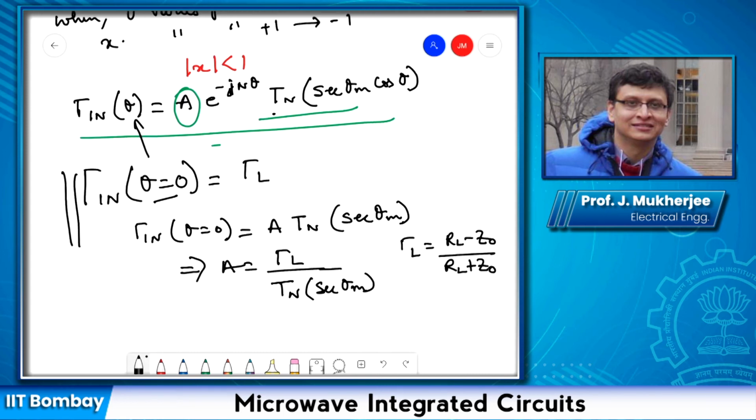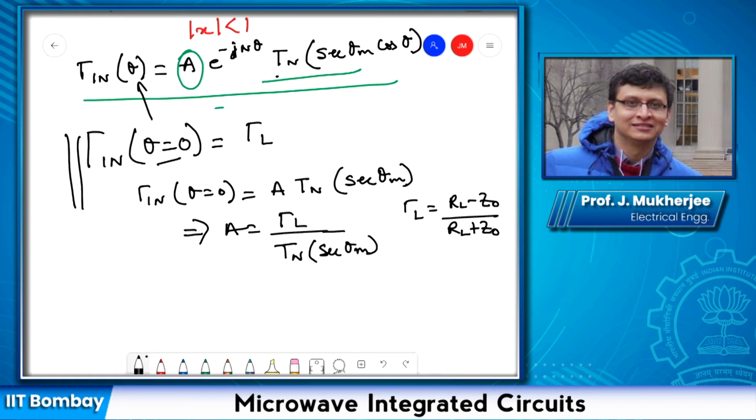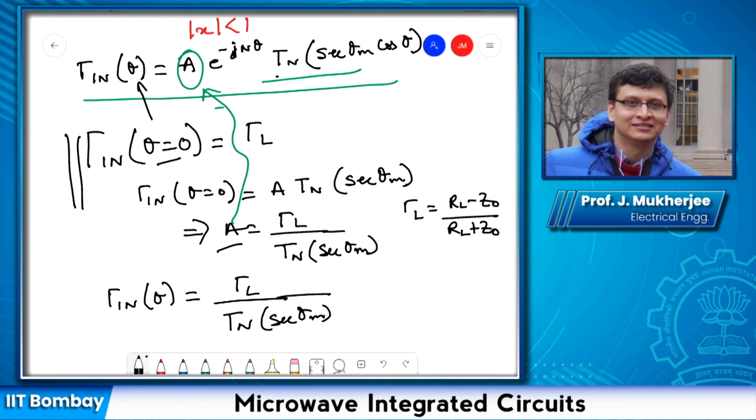Now substituting this value of A in this equation, we get gamma in theta is equal to gamma L upon Tn sec theta m, times Tn of sec theta m cos theta.